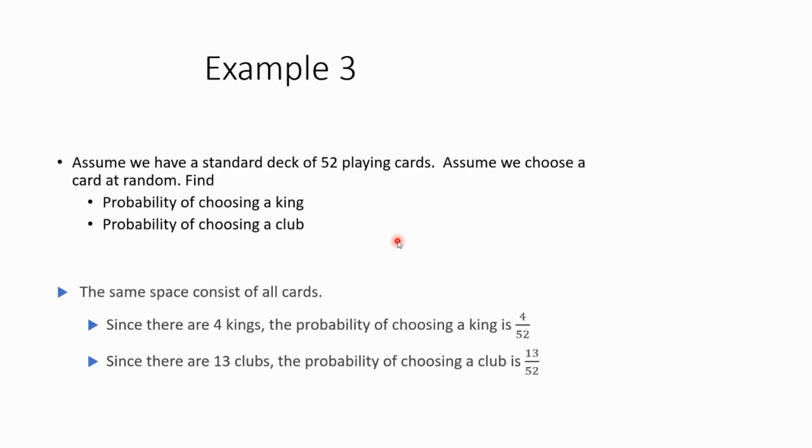Now, how many kings are there in such a deck? There are 4 altogether, 1 for each suit. So there are 4 kings. What's the probability of choosing a king? Well, there are 4 kings in the deck that we can choose from, and there are 52 cards altogether, so the probability would be 4 out of 52.